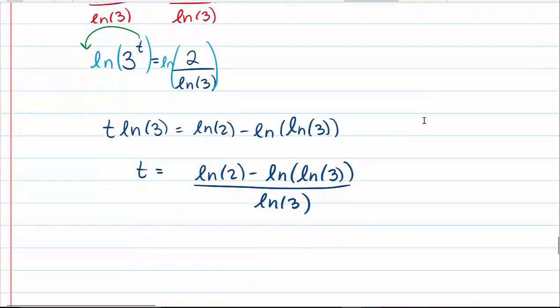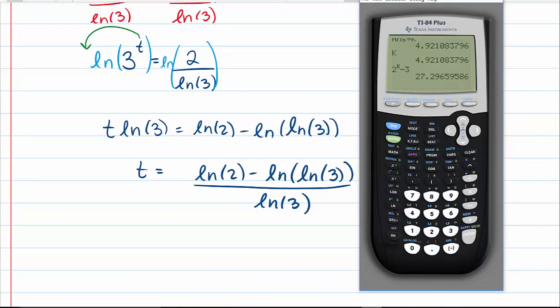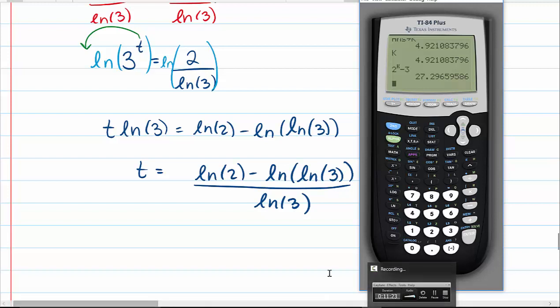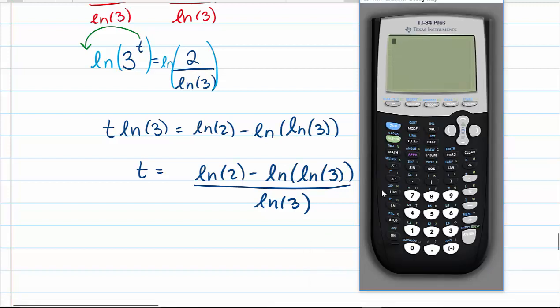Okay, so we're just going to type that into our calculator. So you go alpha y equals, and then the first one, and ln of 2 minus ln of 3, all divided by ln of 3.